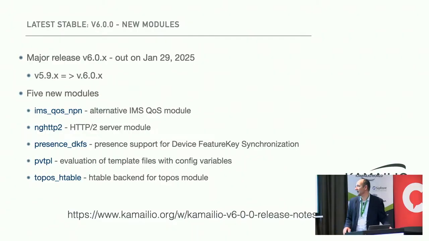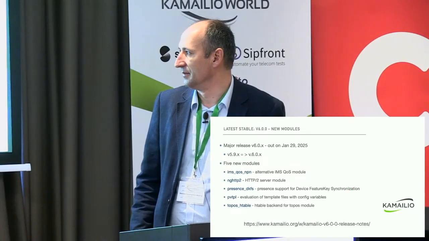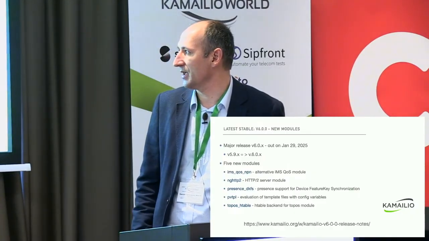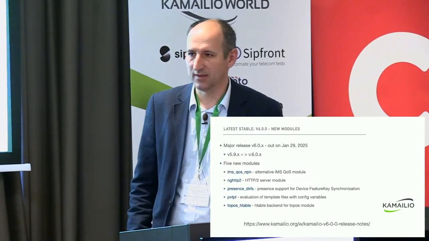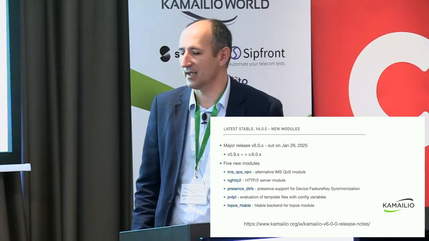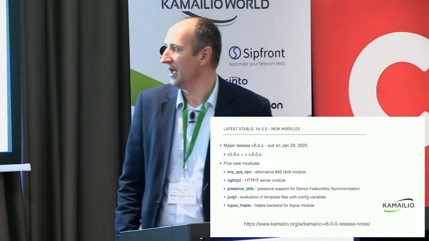Here I'm listing the new modules. They don't really have the main impact on shifting to 6.0, but with every major release we have a couple of modules. Quite important would be maybe the support for HTTP2, which is necessary for 5G services, for implementing the N5 interface and so on.